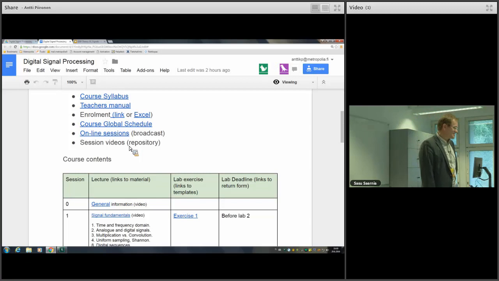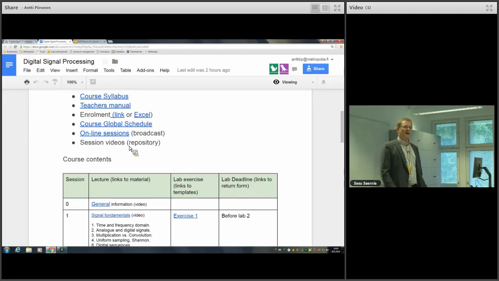Then you can entertain yourself by looking at the online video broadcast, so you get everything at the same time as the others. And after each session, the same day, the videos are put into the repository or depository, either or.